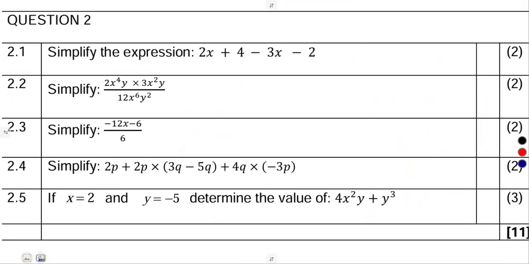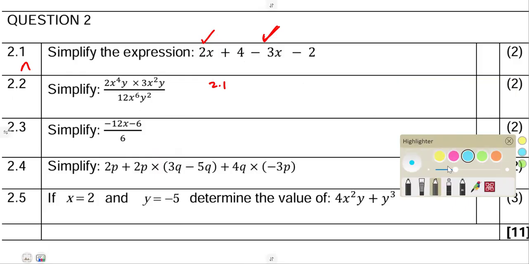And question number 2, without wasting our time, is simplification of algebraic expressions. They asked us to simplify this expression, simply collect the like terms, all right? So 2.1, we had 2x and this minus 3x.